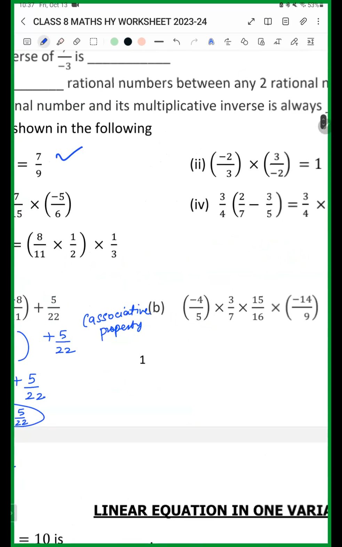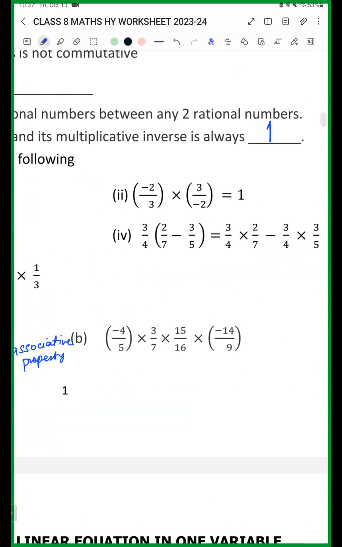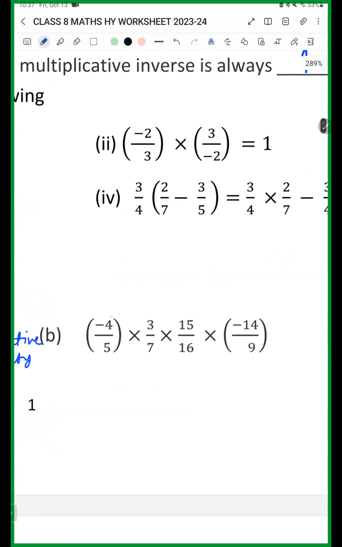All right. This one also, what you can do is, this is very simple, okay? Just remember that we can solve the bracket first, but not necessarily. You can just remove the bracket also. See, this is the first floor, this is the ground floor.